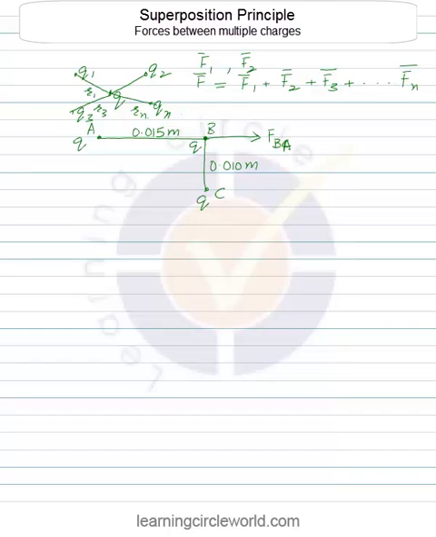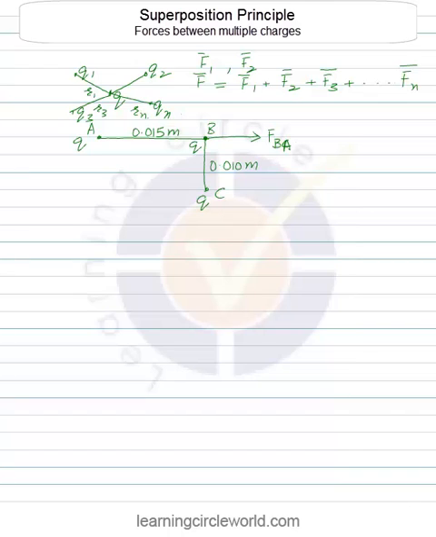When we are looking at the direction of force, it is important to remember that we will consider only the charge on which the force is being calculated. In this case, the force is being calculated on the charge at position B. So the force due to the charge at A on the charge at B will be in the direction shown.